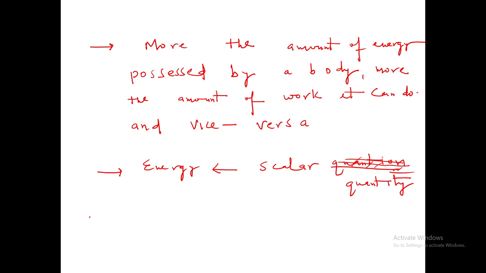Units of energy. As we know that energy possessed by a body is measured in terms of ability of the body to do work. Therefore, the SI unit of energy is the same as the unit of work. So it will be what? Joule.